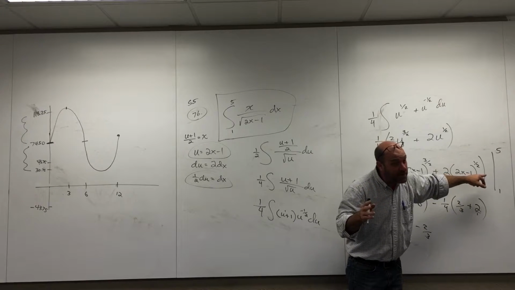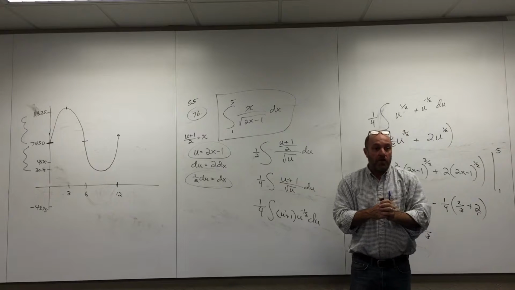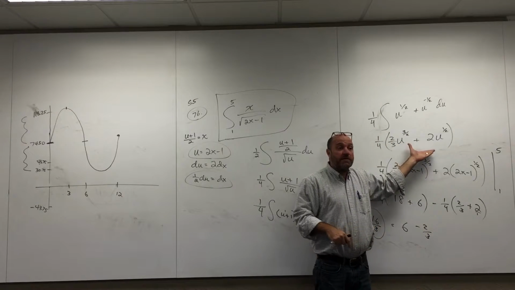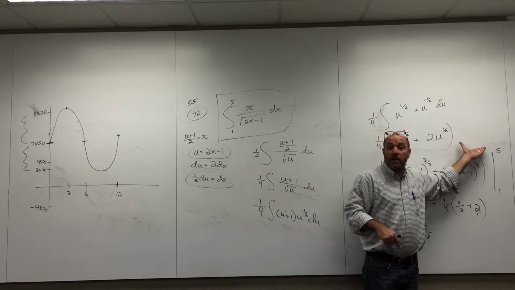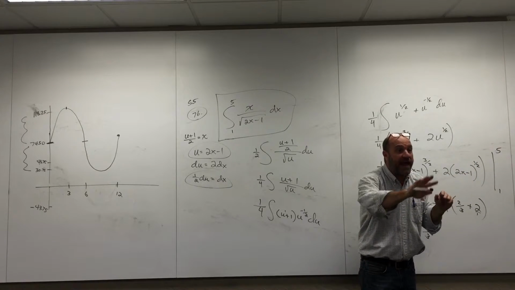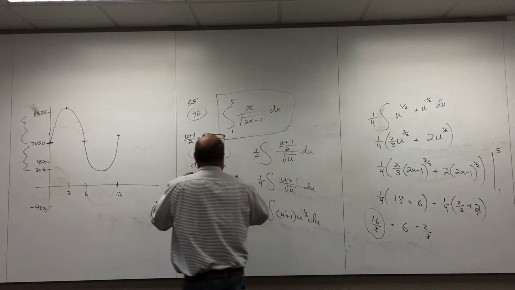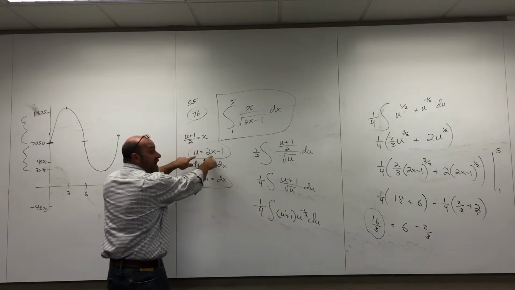But I want to show you something. There was another way to do this. You can leave your answer in u's, and you could evaluate with your new u bounds instead of your old x bounds. Let me show you what I mean. The relationship between u and x is right here.